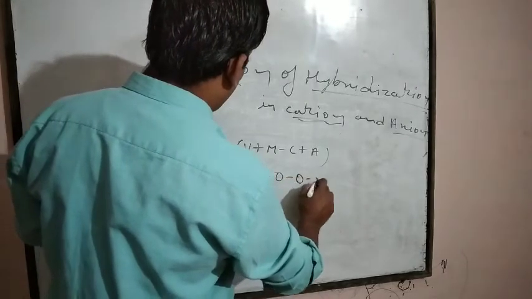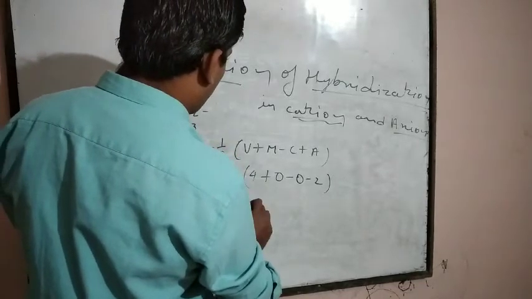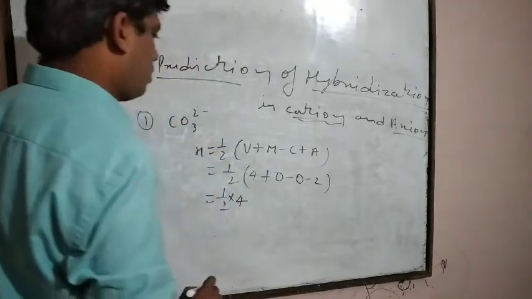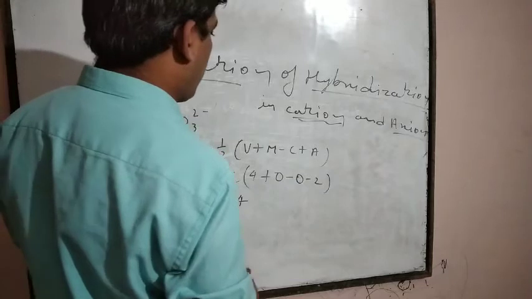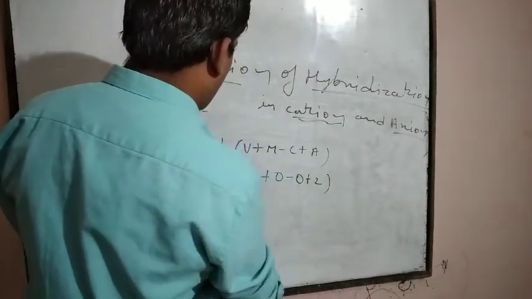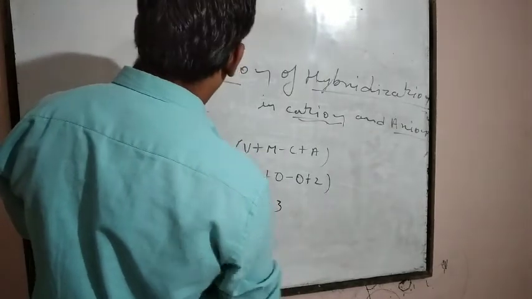And the charge on the anion is minus 2. Then 1 by 2 into (4 plus 0 minus 0 plus 2), so 1 by 2 into 6, which is 3.